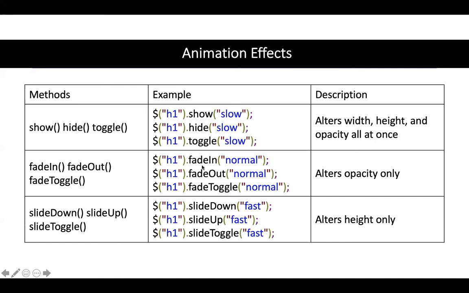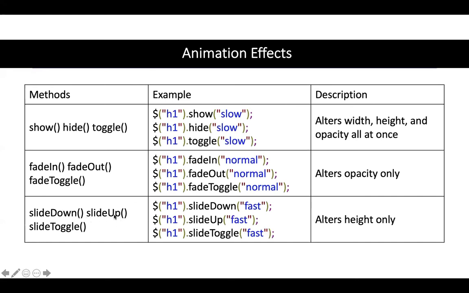If you want it to show with a fade in, where it comes in and the opacity starts at 0 and goes to 1, then you can say fade in and you set the speed at which it fades in. Same thing if you want to hide it and you want it to fade out by going from an opacity of 1 to an opacity of 0, which is translucent. And then fade toggle will toggle whatever the visibility slot is.